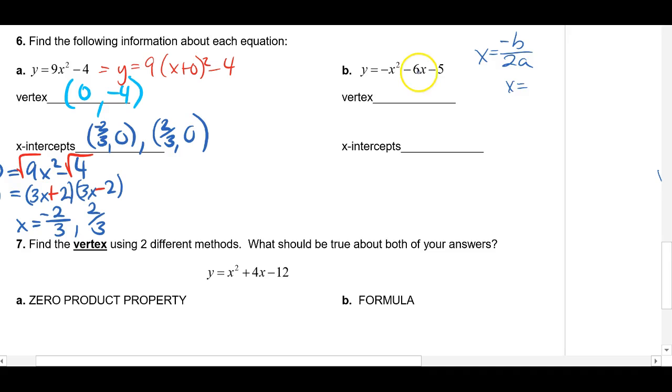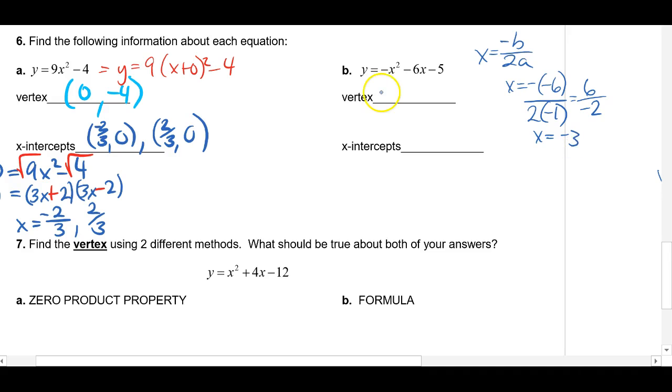Well, b is negative 6, so negative times negative 6 over 2 times the a, which is negative 1. Okay, let's do this one step at a time. Negative times negative 6 would be positive 6. And then 2 times negative 1 would be negative 2. And so x is equal to negative 3.